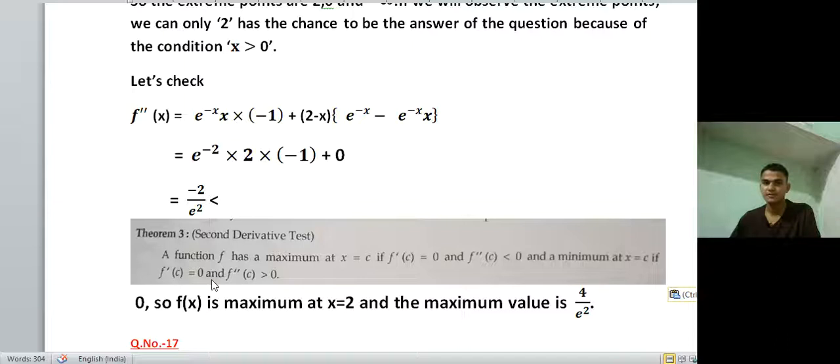So by equating the first order derivative to 0, we will find out the extreme points, and f is maximum when f double dash c is less than 0.